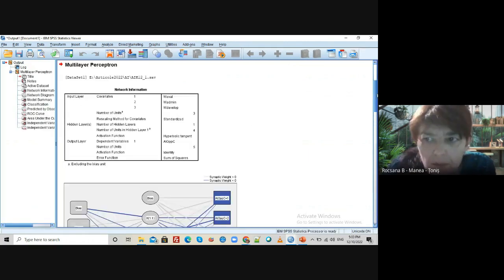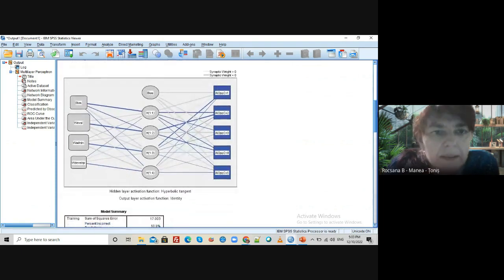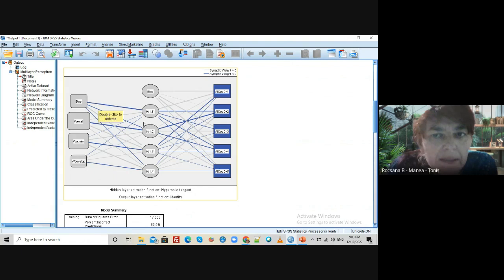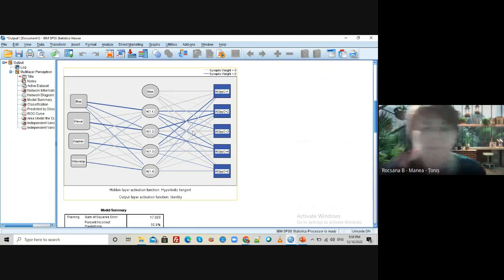Here is our neural network. The thickness of the link between elements would show a very strong link, and also the intensity of the color is also a measure of the importance of the weight of the variable.